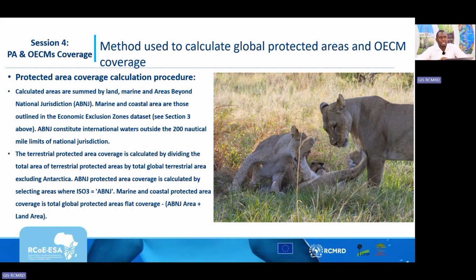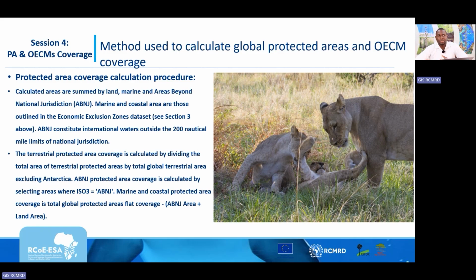The next procedure is that calculated areas are summed by land, marine, and areas beyond national jurisdiction, which we normally abbreviate as the ABNJ.